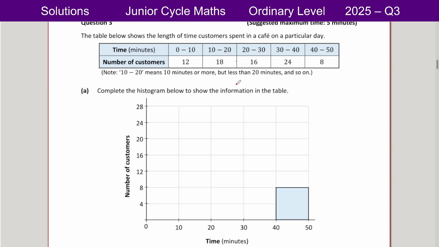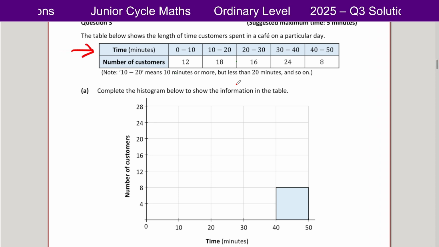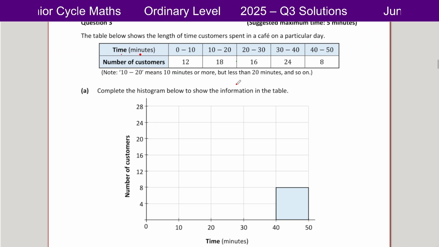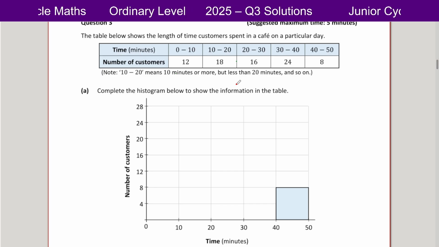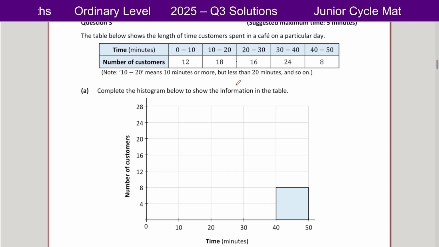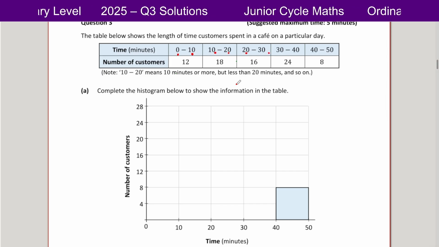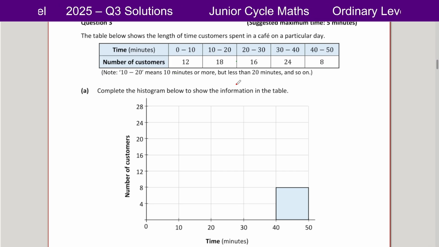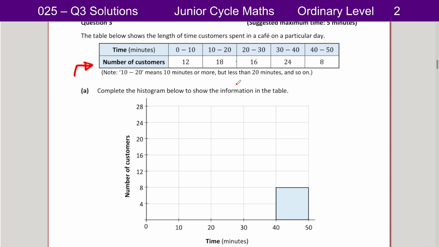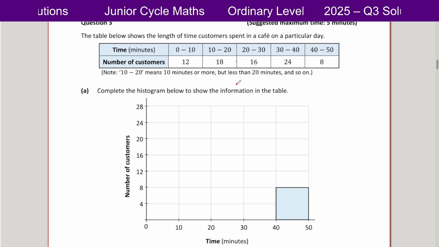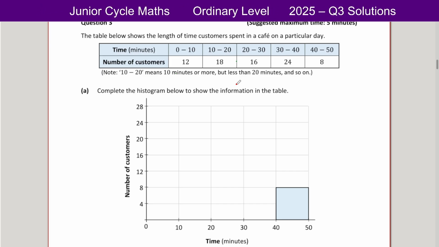We have 2 rows in the table. The first row shows time in minutes in terms of intervals, for example, from 0 to 10, 10 to 20, 20 to 30, and so on. The second row shows the number of customers for each interval.